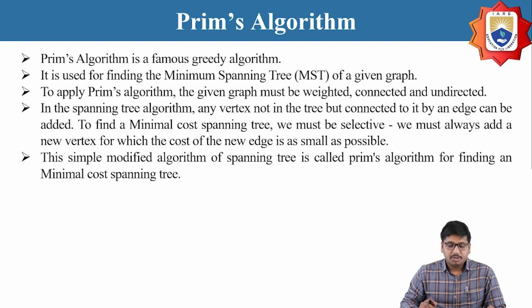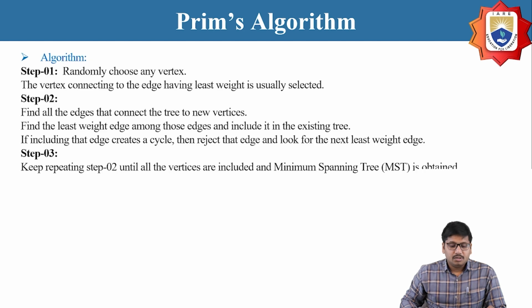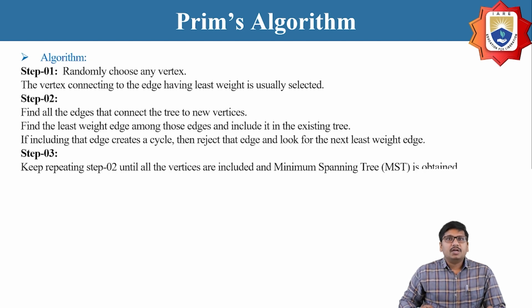So how is this Prim's algorithm going to be constructed through the use of a spanning tree? What is the algorithm here? Randomly choose any vertex, and then choose the edge connecting the vertex having the least weight.